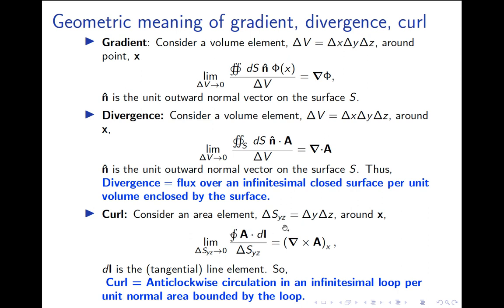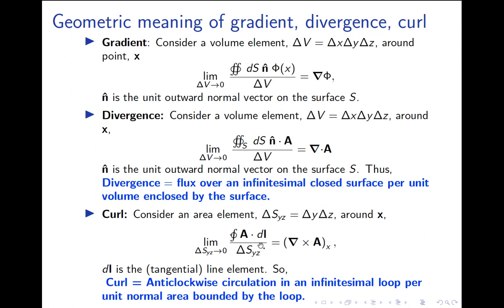So the circulation of the vector field A along this rectangular loop divided by the loop area gives you the component of curl which is normal to the loop. Most of you know from high school that a two-dimensional area is actually a vector quantity given by the cross product of the two vectors which define the edges.